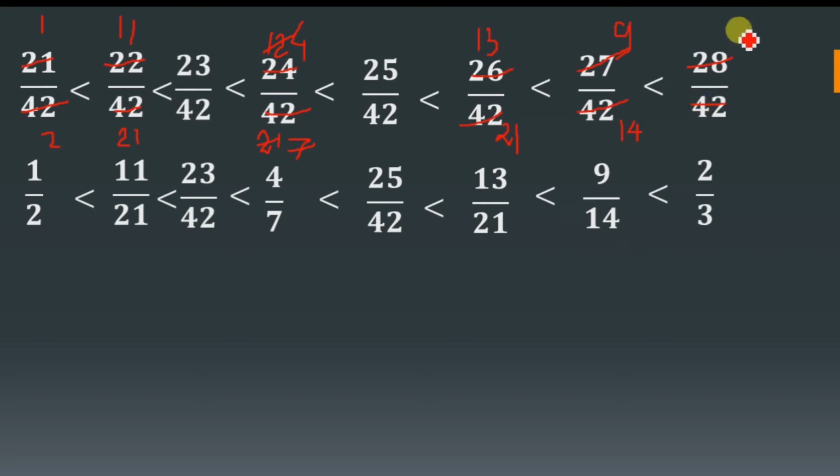With 2 1s are 2, 2 4s are 8, 2 2s are 4, 2 1s are 2, 3 with a 7, 7 2s are 14, 7 3s are 21. So we got 1 by 2, 11 by 21, 23 by 42, 4 by 7, 25 by 42, 13 by 21, 9 by 14, 2 by 3.